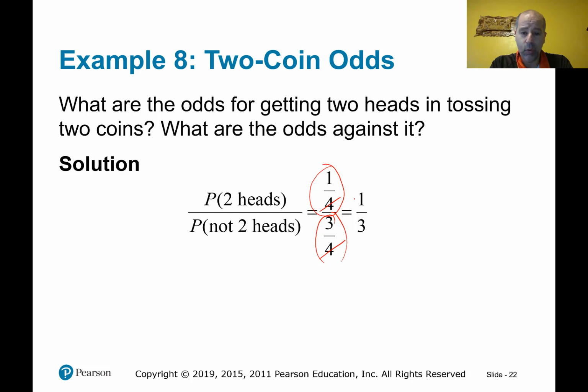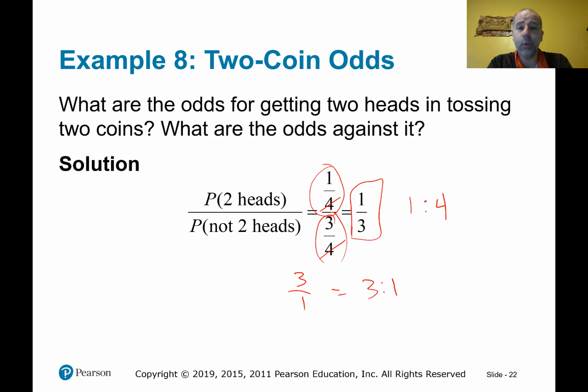We get 1/3. Now, the way we would read this is 1 to 4. Okay, so the odds for getting two heads is 1 to 4. The odds against then is just going to be the reciprocal of that. So if we do the odds against, it's just going to be 3/1, which is 3-1. So that's the one that we hear.